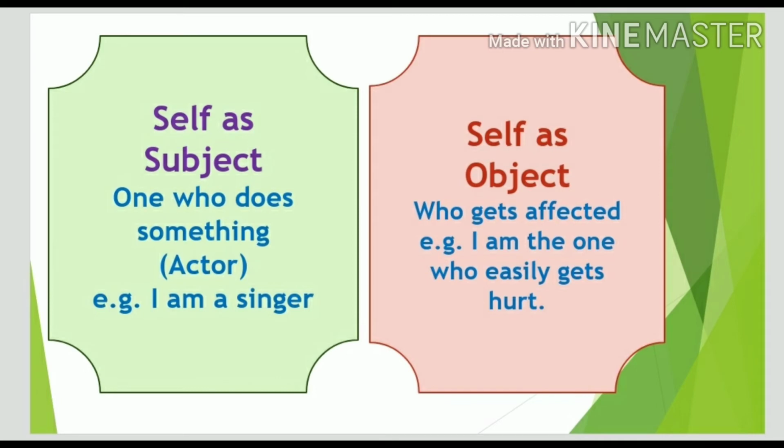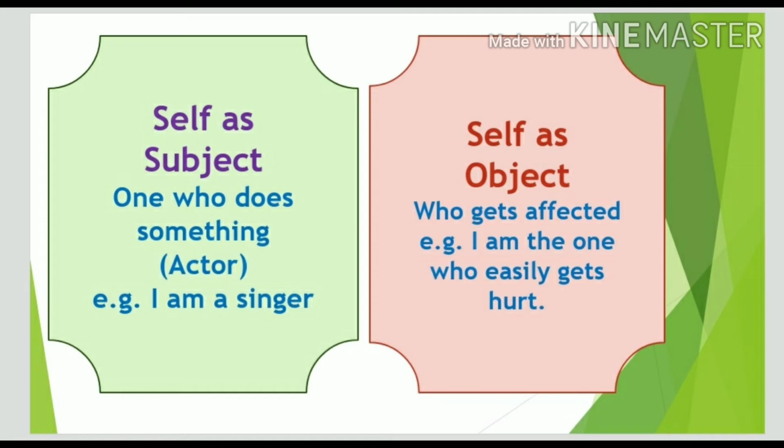Now next is self as subject and self as object. Self as subject is one who does something, actor, knower. For example, I am a singer. Here, a subject or an actor actively engages in the process of knowing self. He knows what he is doing.